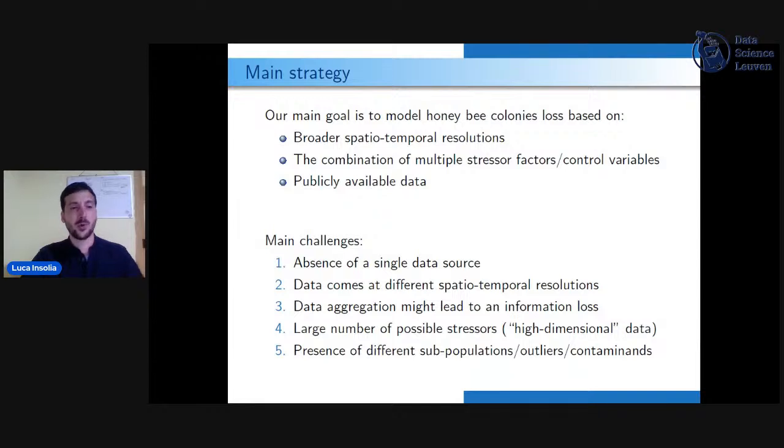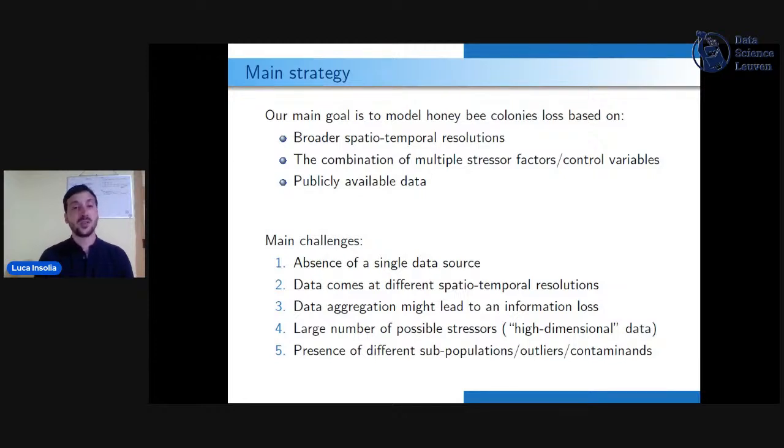There are several problems that arise in pursuing this goal. For instance, a single data source containing all of that information does not exist yet. So we need to combine several data sources which have been collected by different entities and typically for different purposes.